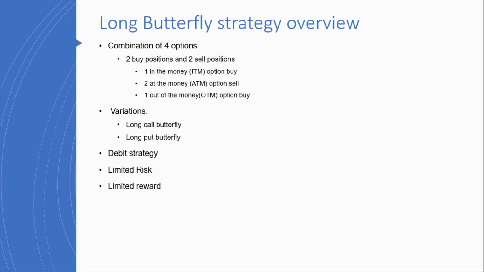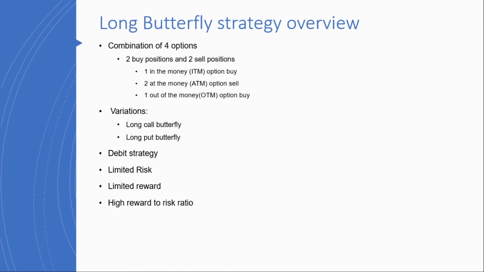One of the key aspects you need to understand is that the reward to risk is very, very favorable. It can sometimes even be 20 to 1 or 10 to 1, depending on how you construct it.